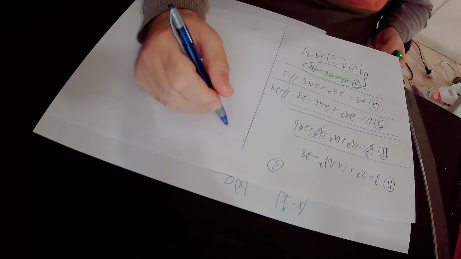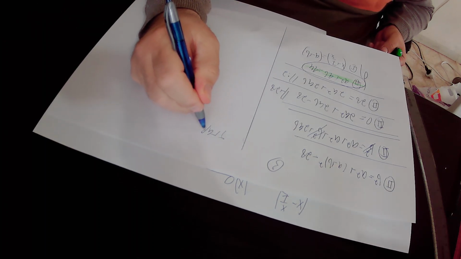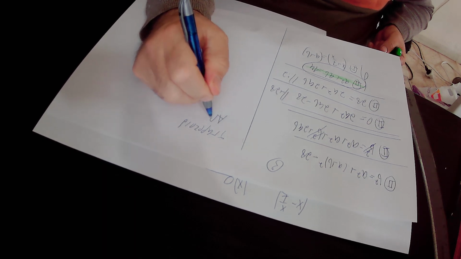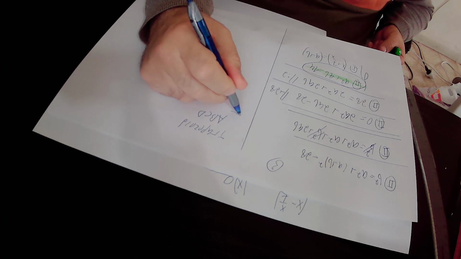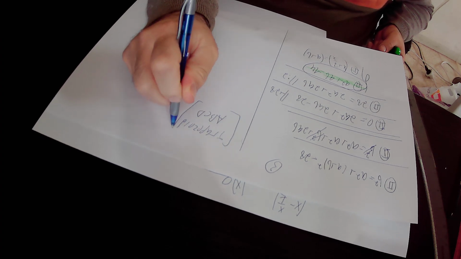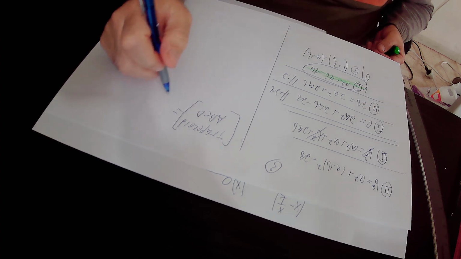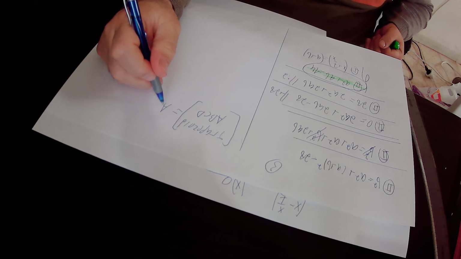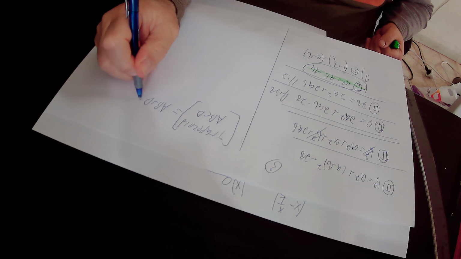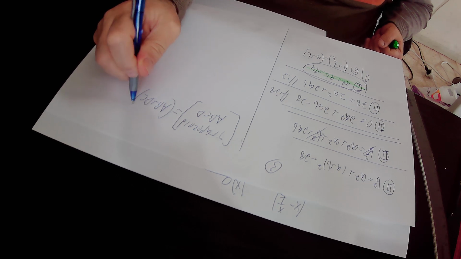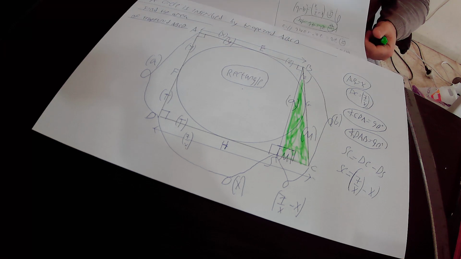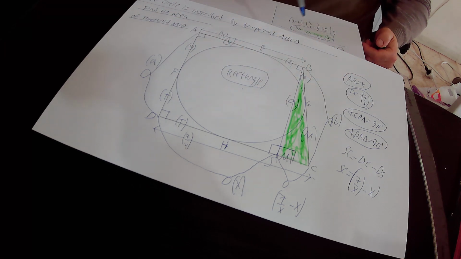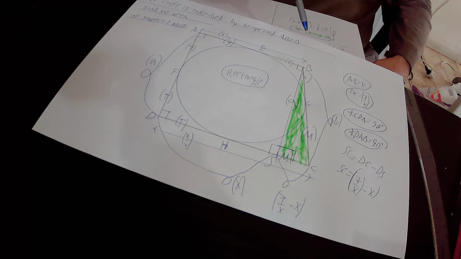So the area of trapezoid ABCD equals the sum of its two bases, that is actually AB plus DC, times the height. So what is the height in this trapezoid ABCD? The height must create 90 degrees with the two bases.